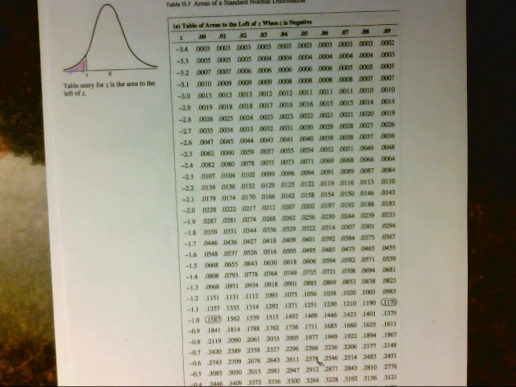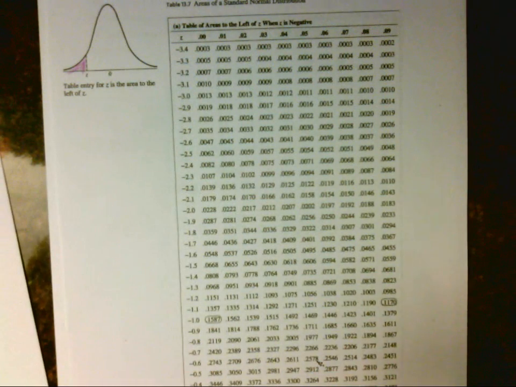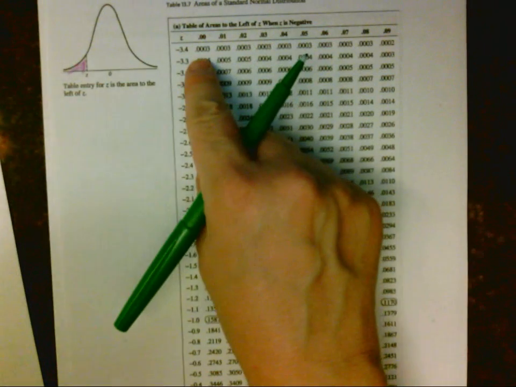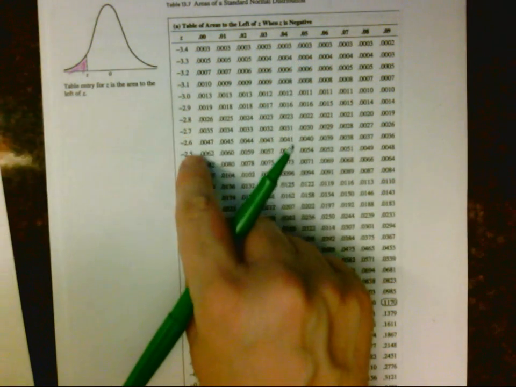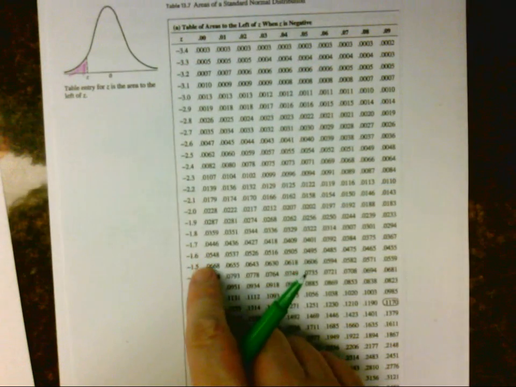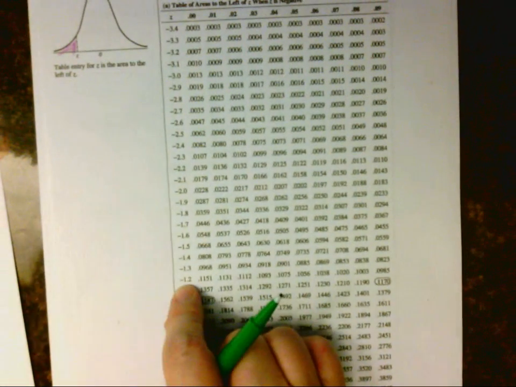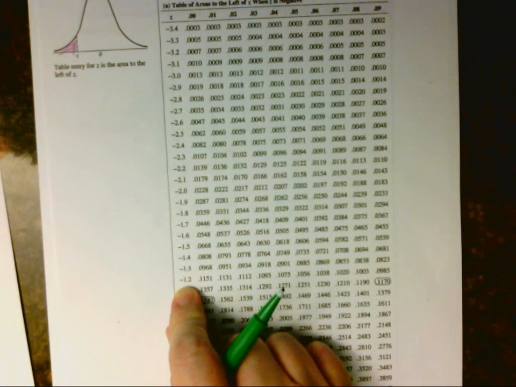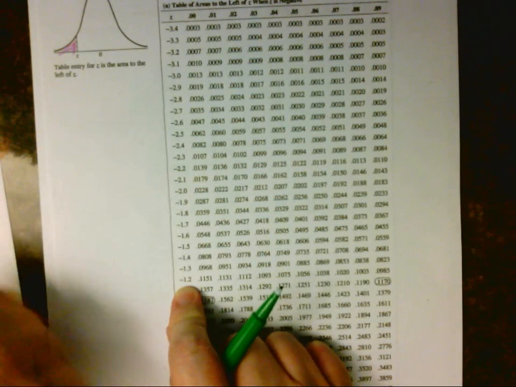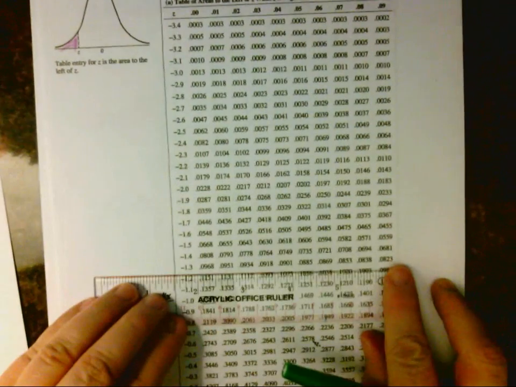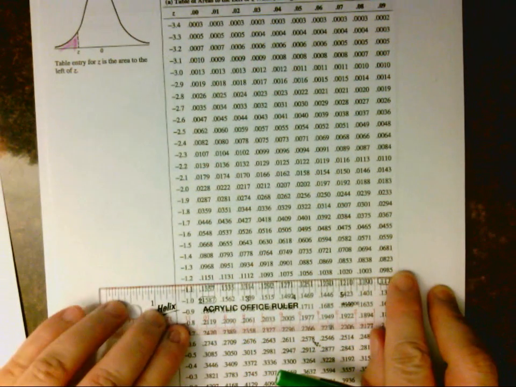Okay. So we're going to look up 1.25. I'm going to go down here until I see 1.2. Right there is a 1.2. I think I'll get a straight edge if I can pick it up. Okay, there's the 1.2. There we go.